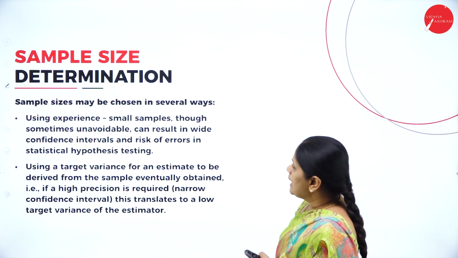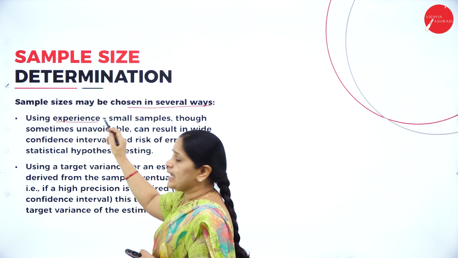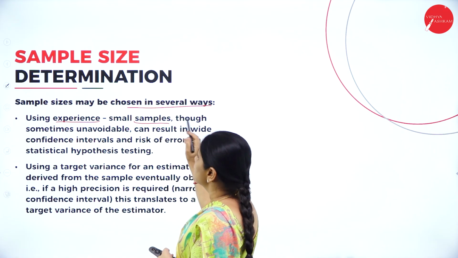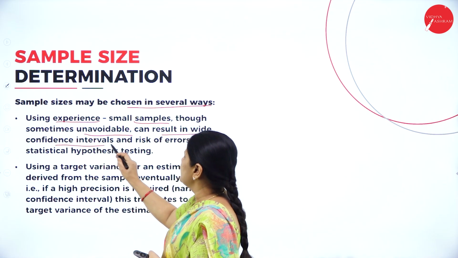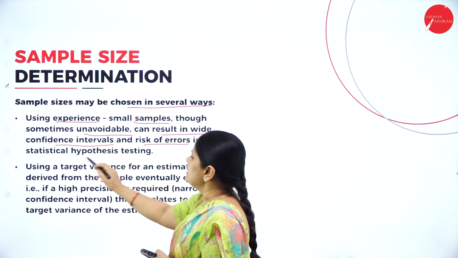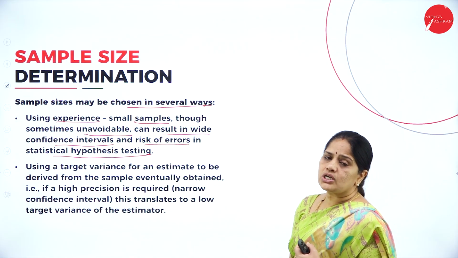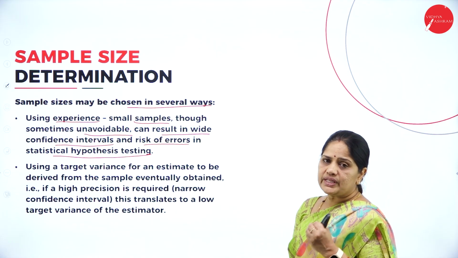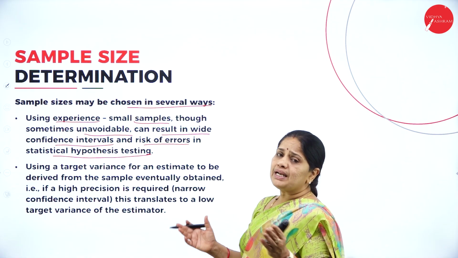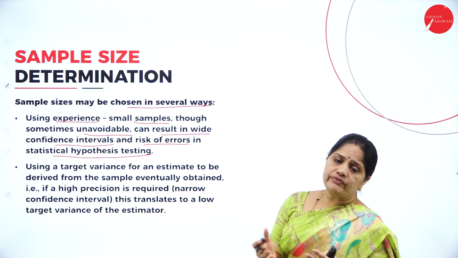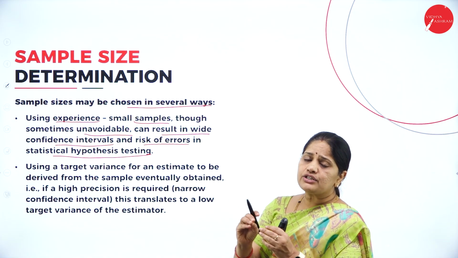Then, next, sample sizes may be chosen in several ways. The first one is using experience. Small samples, though sometimes unavoidable, can result in wide confidence intervals and risk of errors in statistical hypothesis testing. So with experience also, you can determine the size of the sample. Now, sometimes you may collect a very small sample. Suppose the population, that is the people you have to interview, is almost 1 lakh, and you decide to interview only 10 persons.